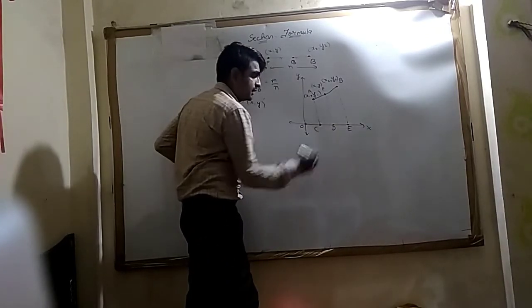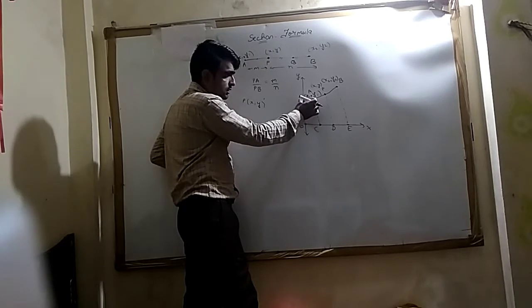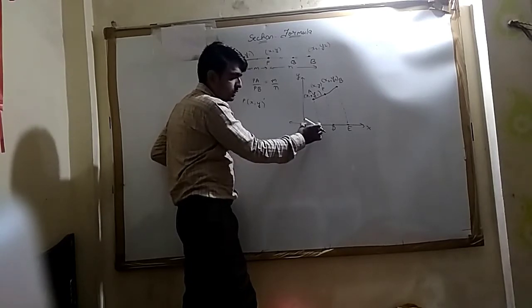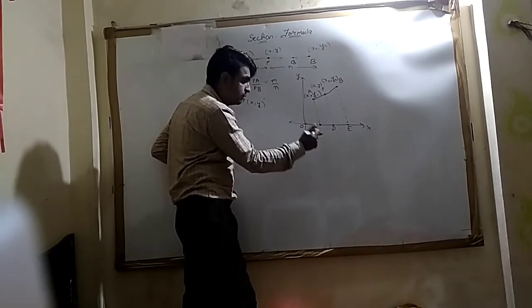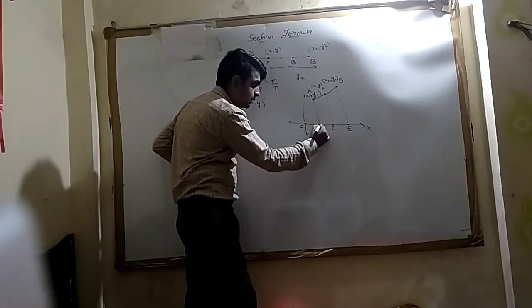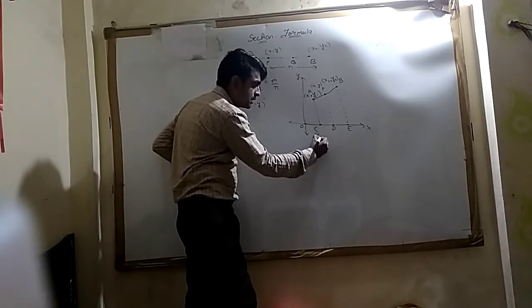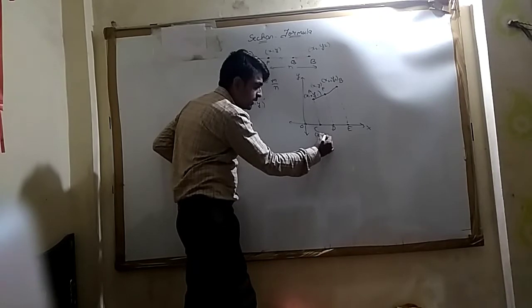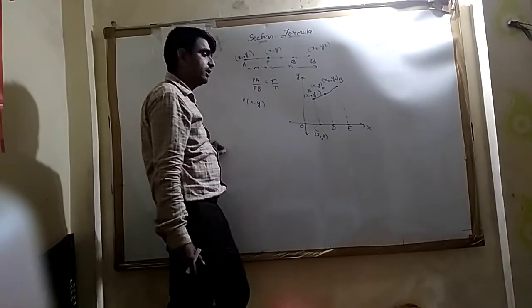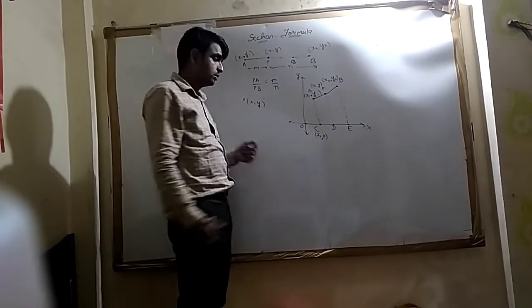See, this is the x-axis, this distance is x1, so this distance also will be x1. So I can get C as x1, and since this is the x-axis, therefore the y coordinate will be 0.